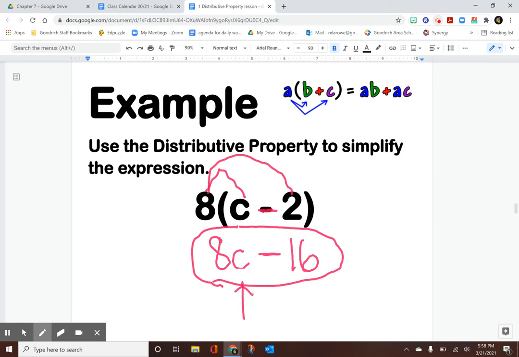But for now, at least it's a little bit simplified. Notice when it was a subtraction symbol between the terms, it stayed a subtraction symbol between the simplified terms as well. Next year, you'll say 8 groups of -2, and that's still a -16.